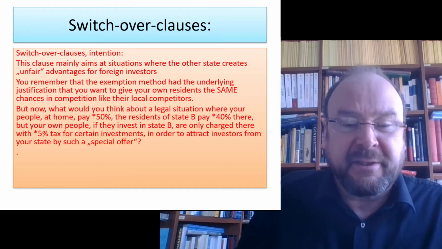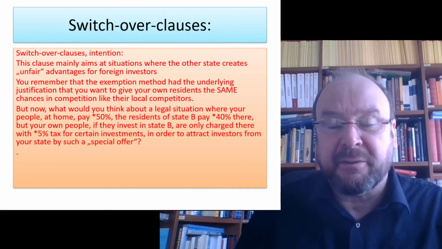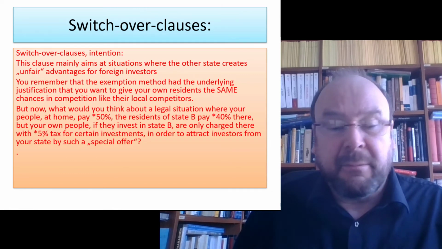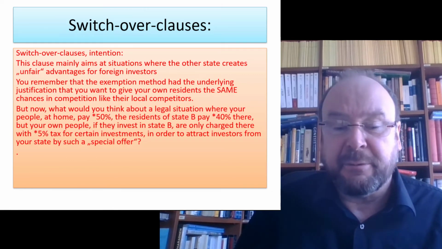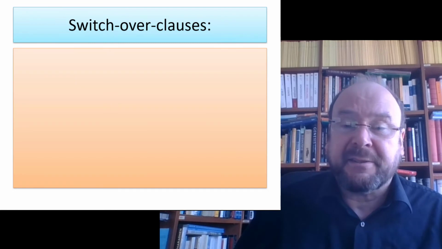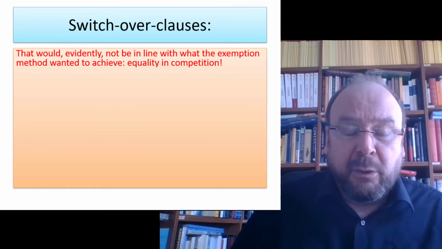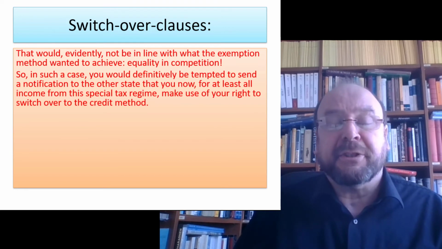So to such a kind of special offer, you would probably react as a state by trying to make this special offer senseless, and you would make use of the switchover clause. Write them a letter and say, well, that's it. We make use of the switchover clause.